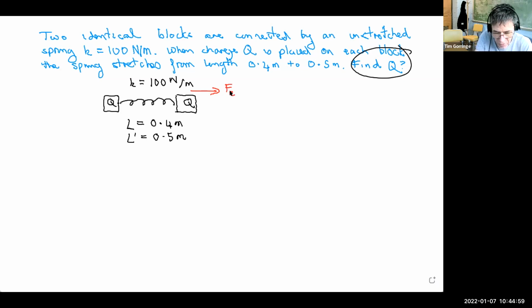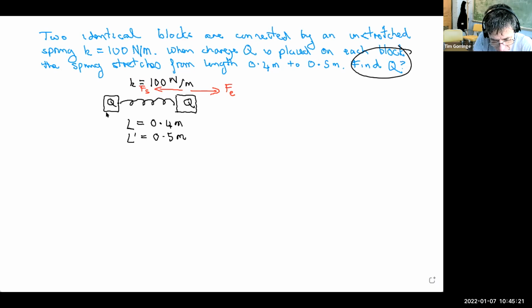And then that block is also experiencing a spring force due to the stretched spring. And I picture that force, it's to the left, and I'm going to call that Fs. And so those are the forces on the right-hand block. The same set of forces are on the left-hand block, actually.